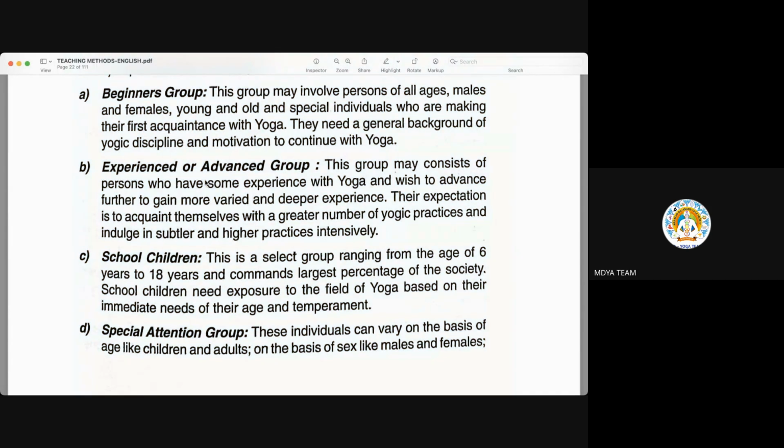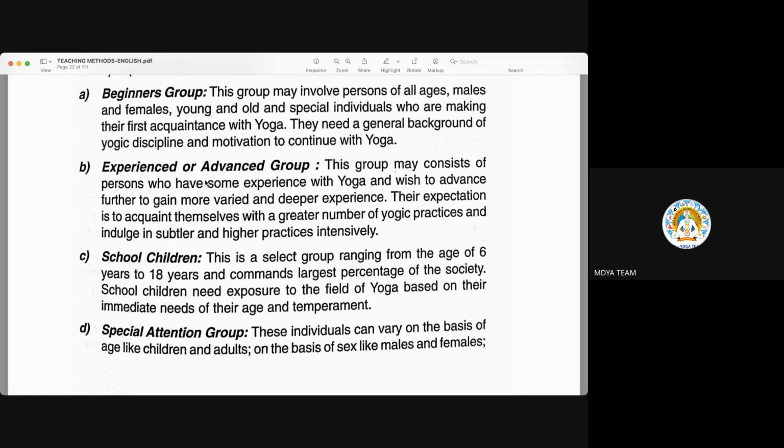School children, this is again a select group, ranging from the age of 6 years to 18 years, roughly, and commands the largest percentage of society, because the largest percentage of society falls under this age group. So school children also need exposure to this field of yoga based on their immediate needs of age, or their mental development and physical growth.